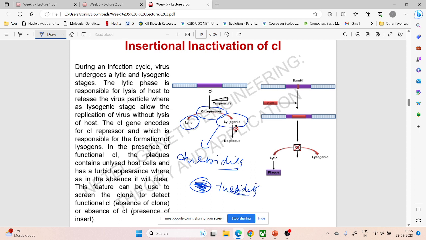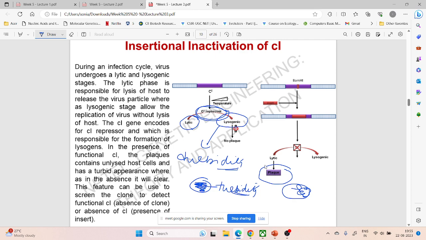Whereas when this repressor is disturbed and inactivated, it is not able to repress the lytic cycle, and then the virus will go into the lytic cycle and lyse the cell. When the cells are lysed, the plate would be very clear, and there would be plaque formation.